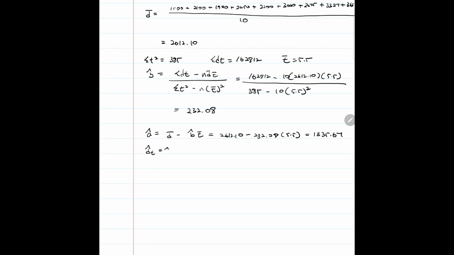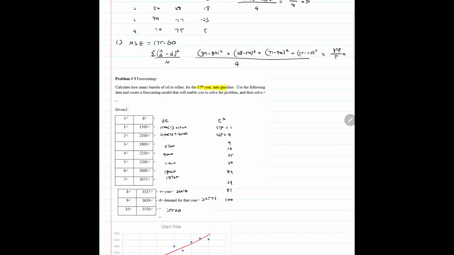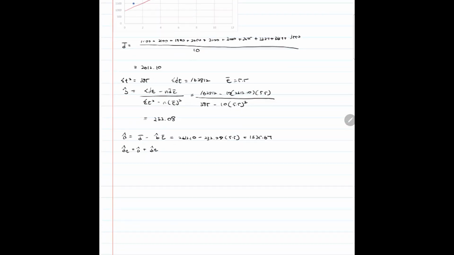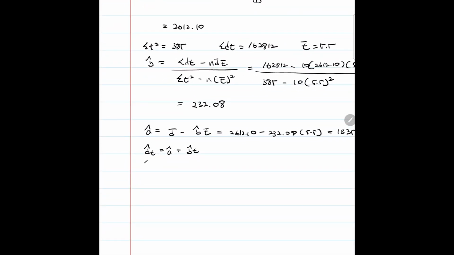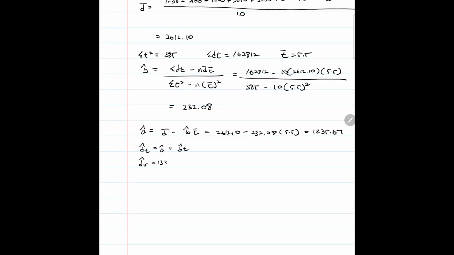So D hat, this is the formula. We are interested in T15. So D hat 15 is gonna be A, which is 1335.67, plus B hat, which was 232.08, times 15.